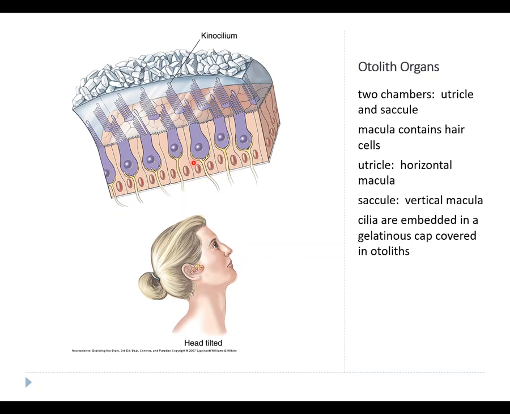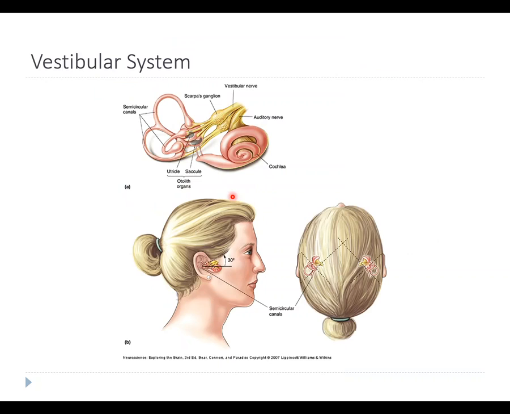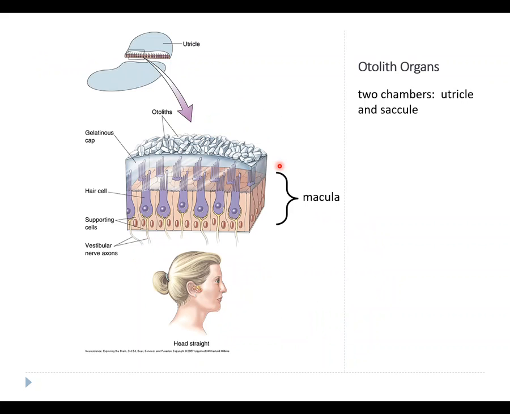They then release a neurotransmitter which activates axons connected to this structure up here called Scarpa's ganglia. So Scarpa's ganglia is basically the output structure for both the otoliths and the semicircular canals.